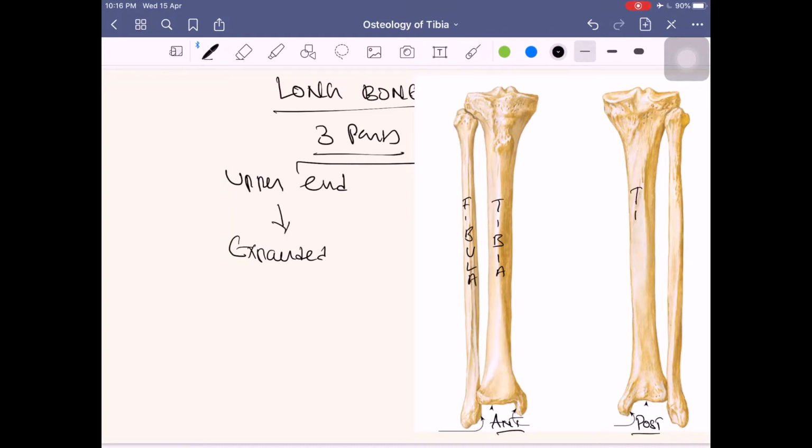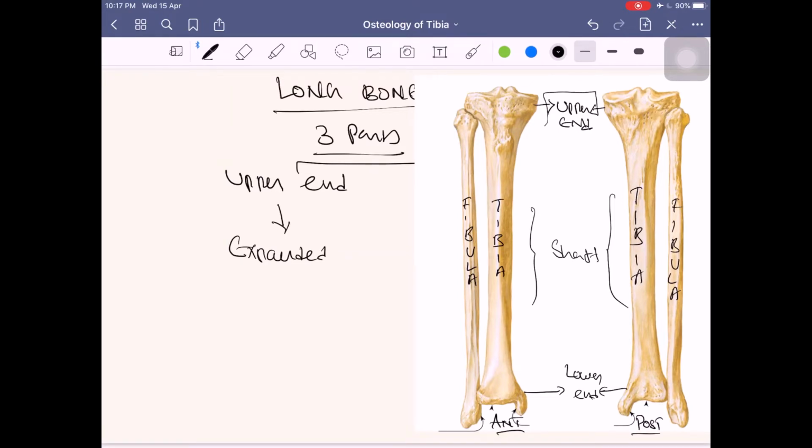So this is the posterior view of tibia again, and this is a posterior view of fibula. So we are talking about upper end. These are our upper end, and these are the lower end, and in between the entire portion is what we call a shaft.